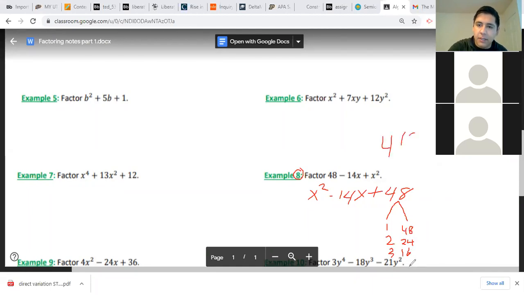I'm going to write them up here because I'm running out of space. 5 would be 9 point something. But then we can do 48 divided by 6. 6 and 8. 48 divided by 8 is 6.